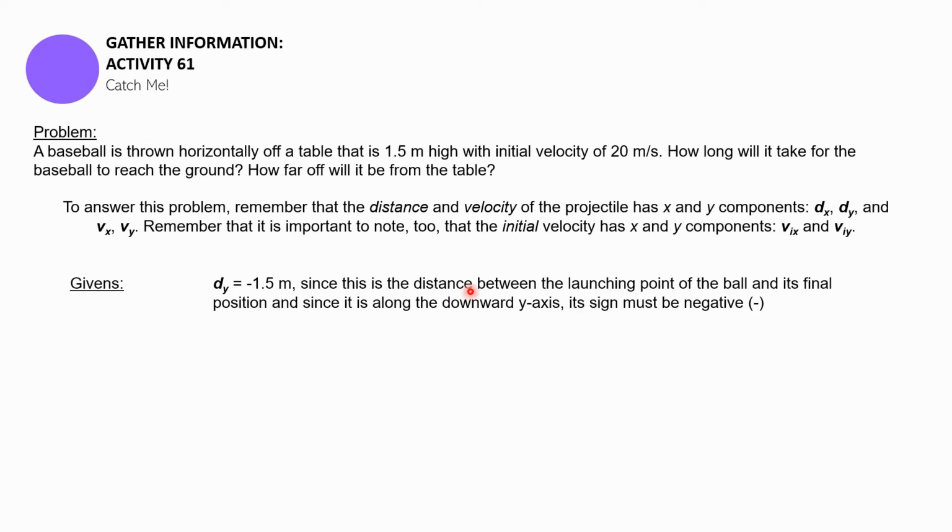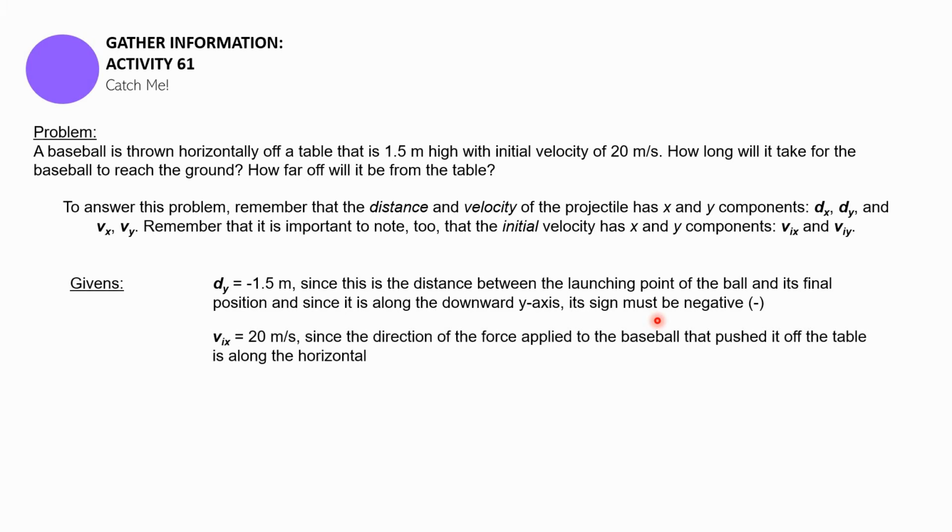Okay? So, reading the explanation here, since this is the distance between the launching point of the ball and its final position, and since it is along the downward y-axis, yung sign niya dapat negative. Now, for the initial velocity, horizontal initial velocity, which is 20 meters per second, it's similar to this one because the baseball is thrown off a table horizontally. So it's 20 meters per second. Since the direction of the force applied to the baseball that pushed it off the table is along the horizontal.